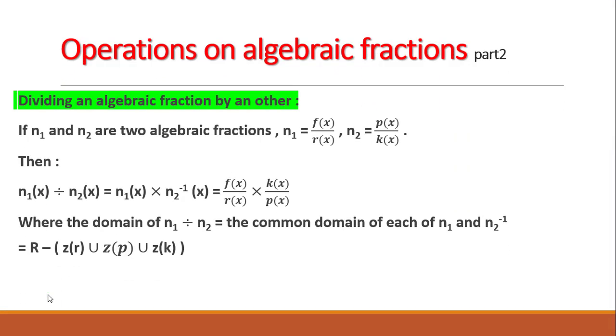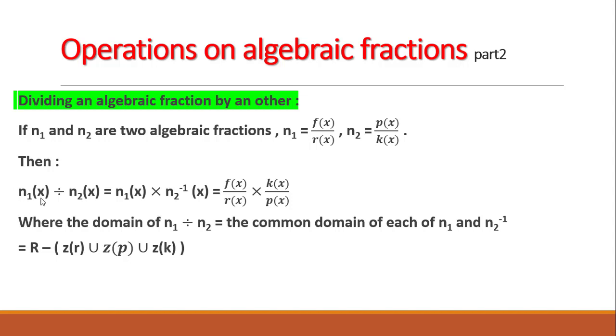Okay, finally we'll talk about dividing an algebraic fraction by another algebraic fraction. If you remember, when we divide two fractions, we write the first one as it is, then we change the divide into multiply and take the reciprocal of the second. By the same way exactly we will do in the algebraic fractions.